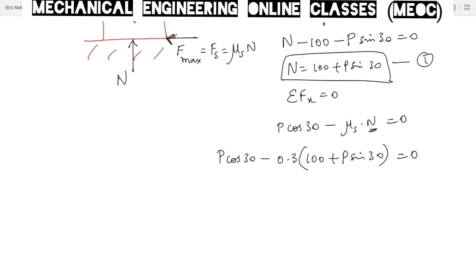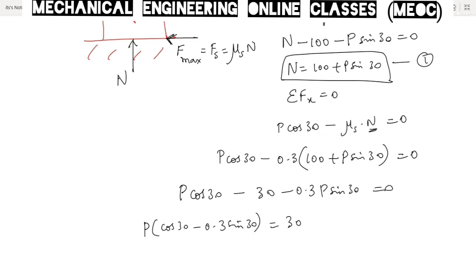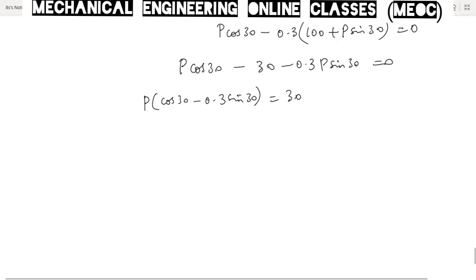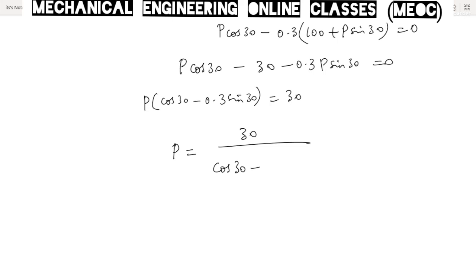Now this is only one equation with only one unknown, which is P. So we can find P from this equation as P cos 30 minus 0.3 times 100 minus 0.3 P sin 30 equal to 0. So P into cos 30 minus 0.3 sin 30 gives P as 41.897 Newtons.